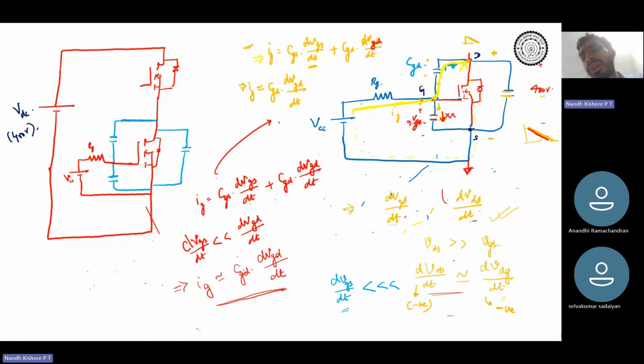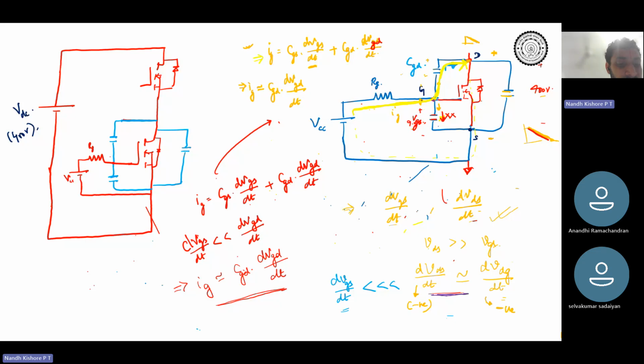V Miller is 9.5 volts, and your drain source voltage will be in excess of 400 volts or so. So compared to that, gate and source are almost at the same potential. In that case, dVds by dt is almost the same as dVdg by dt, and this is much greater than dVgs by dt. That is why the entire gate current is assumed to flow only through CGD.